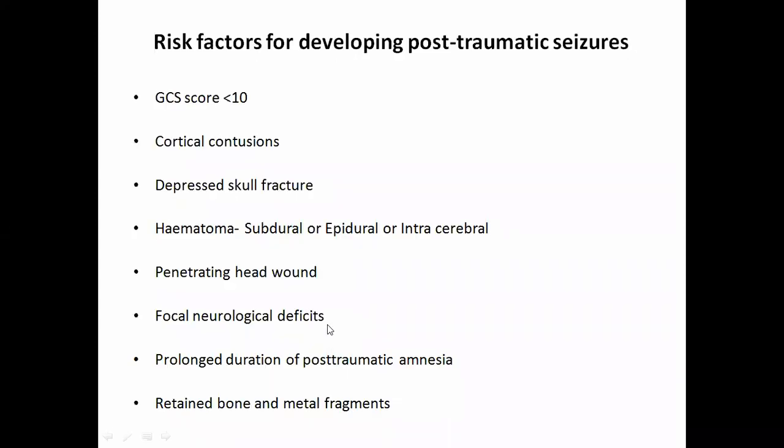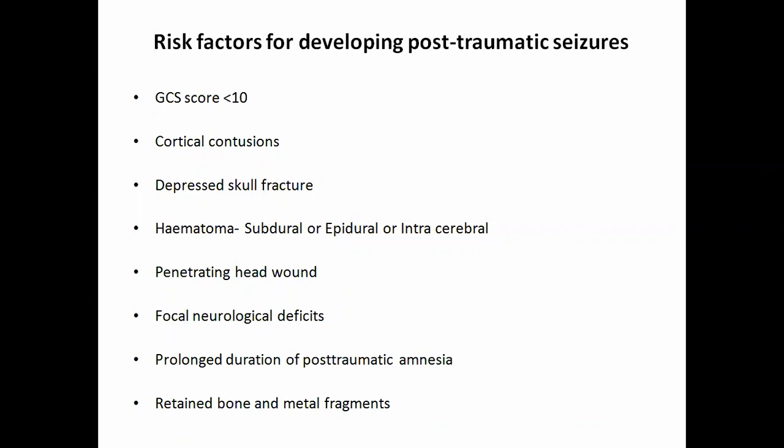And who are these high risk children? High risk children are those with GCS less than 10, cortical contusions, skull fracture, a hematoma, which could be subdural, epidural, or intracerebral, a penetrating head wound, focal deficits, a prolonged duration of post-traumatic amnesia, and retained bone or metal fragments in the brain. These are the risk factors for developing post-traumatic seizures.